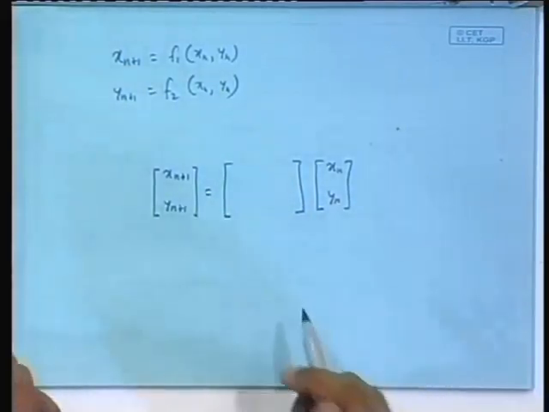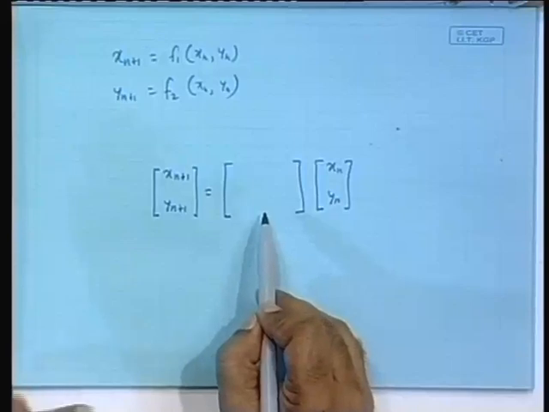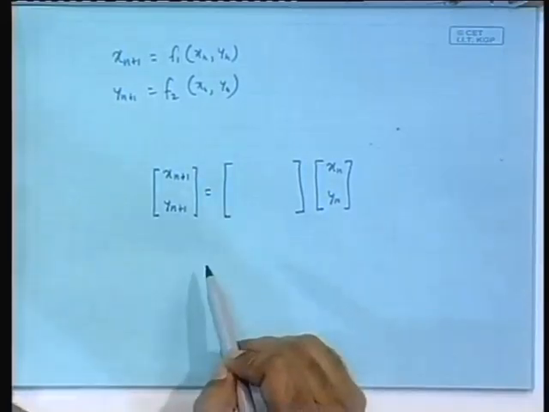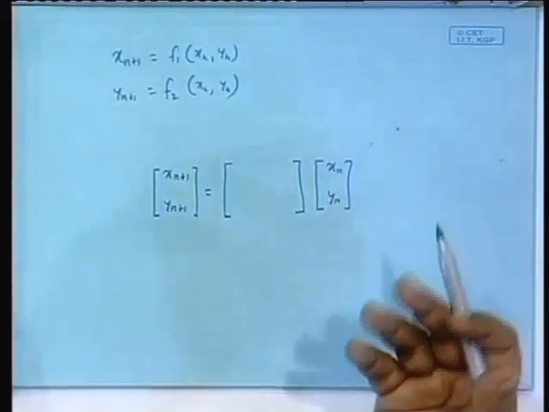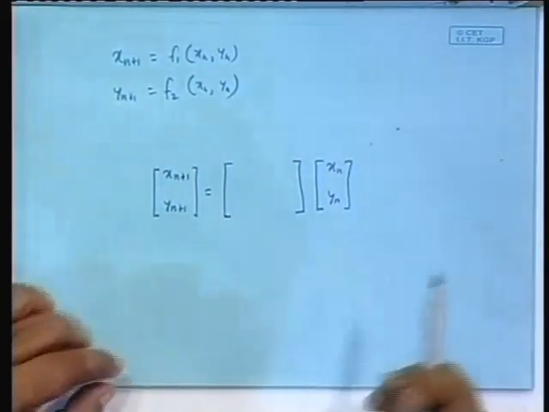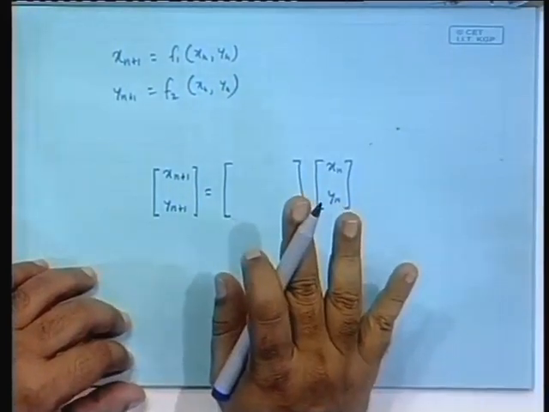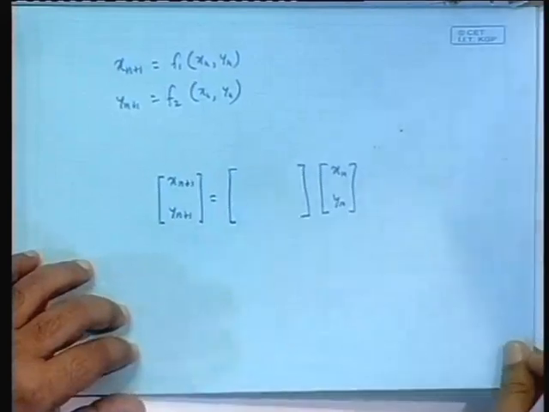Then we said that the next step is to obtain the eigenvalues and eigenvectors of this matrix. If the eigenvalues are real, then we obtain the eigenvectors, else there is no point in obtaining the eigenvectors. When we do that, it is now possible to understand the dynamics in terms of the eigenvalues and the eigenvectors.